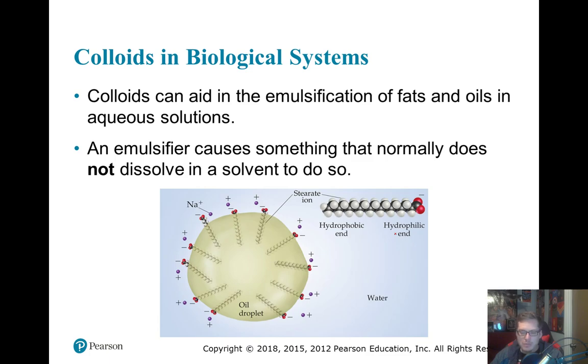We also talked about milk earlier, at least had that as an example. Milk doesn't separate itself out, but it's water and then a bunch of different fats, right? Fats are essentially nonpolar, but by having emulsifiers present in the milk, it allows the fats to dissolve in the water, and so you get a colloid as opposed to just a separated gunk that you have to shake up. For example, everybody's at least seen Italian dressing.